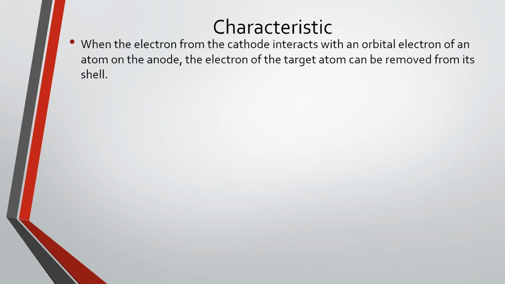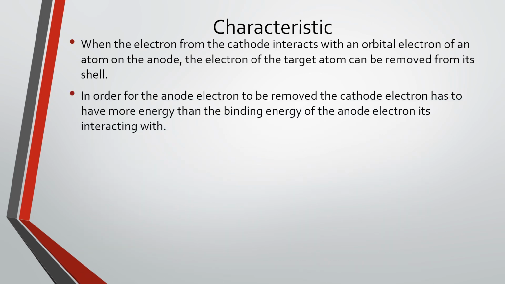When the electron from the cathode interacts with the orbital electron of an atom on the anode, the electron of the target atom on the anode can be removed from its shell. In order for the anode electron to be removed, the cathode electron has to have more energy than the binding energy of the anode electron it's interacting with.